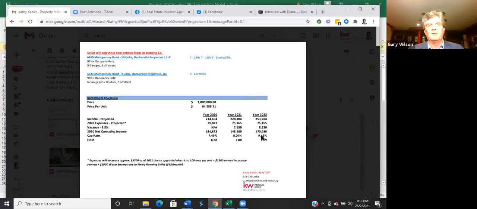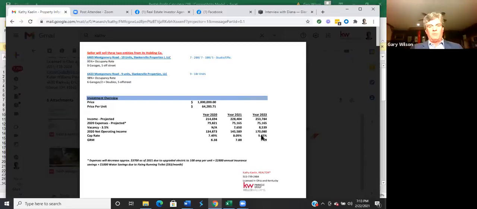And we also want to see the owner's own P&L, profit and loss from their own accounting system, probably QuickBooks Pro, something like that, okay? And then we can see more accurately if their projections are reasonable or not, because we want to project forward. We want to know what we can reasonably expect from the property in the next 1, 2 or 3 years, and potentially 5 and 10 years.